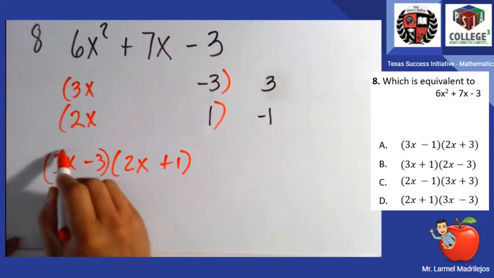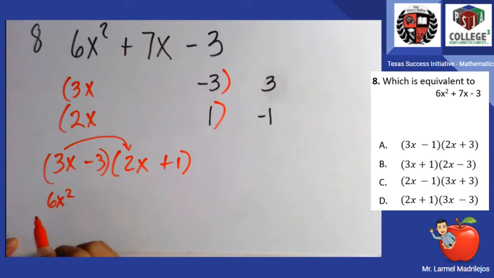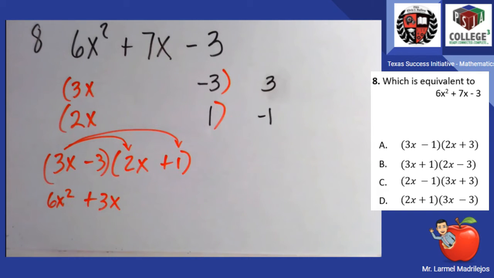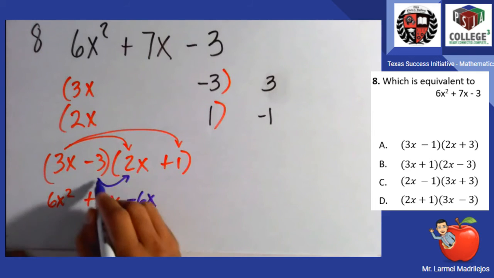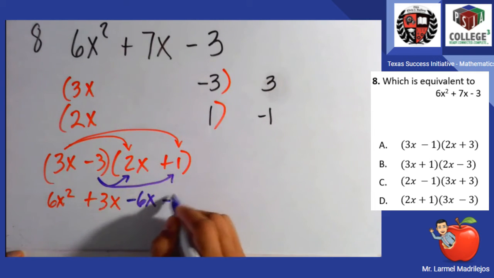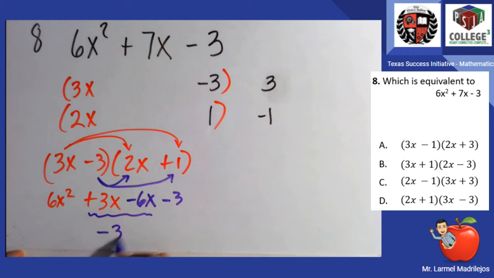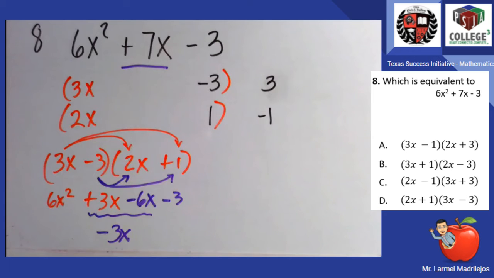If I distribute, 3x times 2x is 6x squared. 3x times 1 is positive 3x. Negative 3 times 2x is negative 6x. Negative 3 times 1 is negative 3. If I combine 3x minus 6x, it equals negative 3x. It doesn't match our middle coefficient. So this doesn't work.